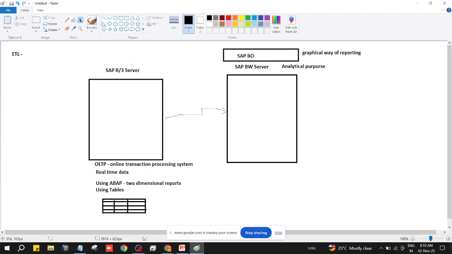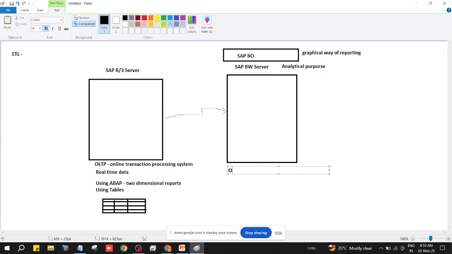But there is another concept called OLAP system. OLAP is nothing but online analytical processing. This is your OLAP system.